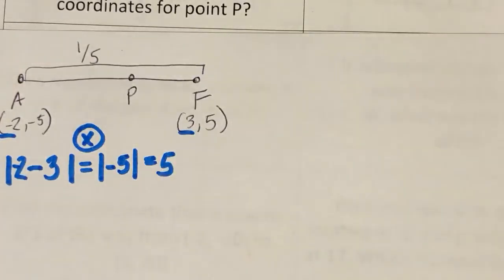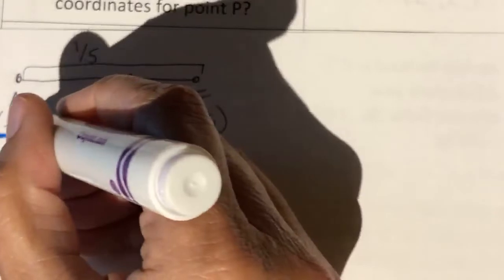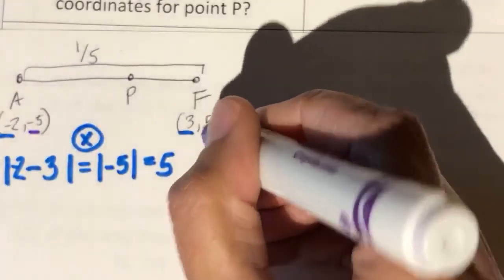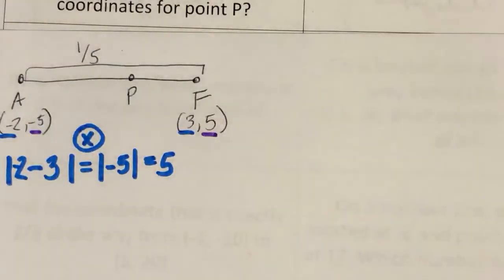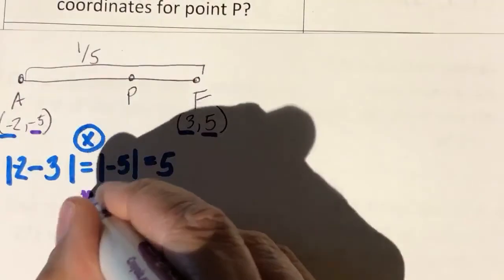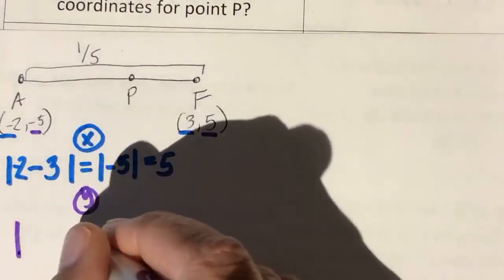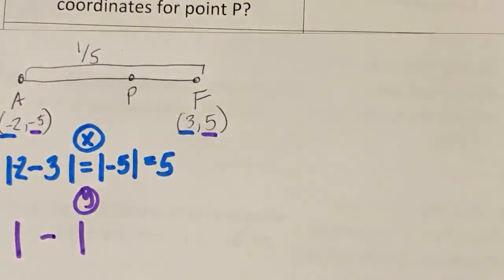Now let's see how far apart the y's are. The y's are -5 to 5. For the y's, I'm going to do the same thing: if you want to know how far apart two things are, it's the absolute value of the difference.